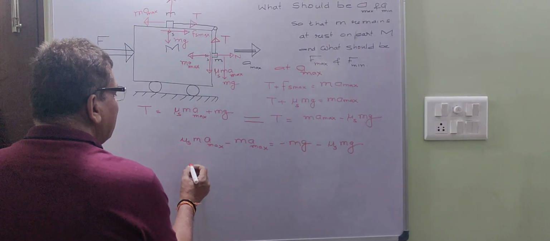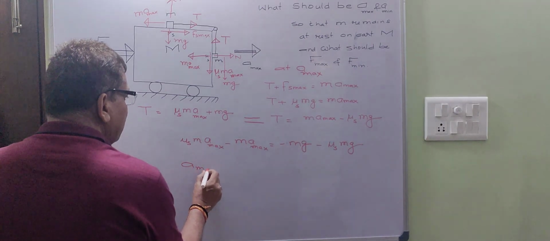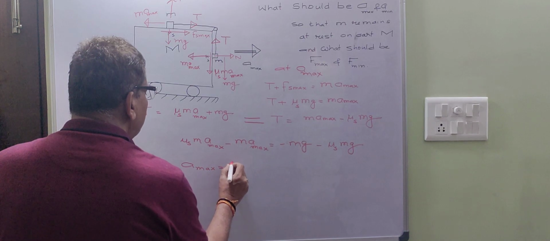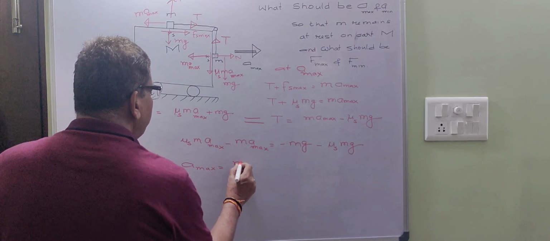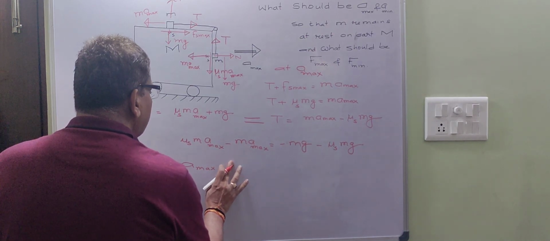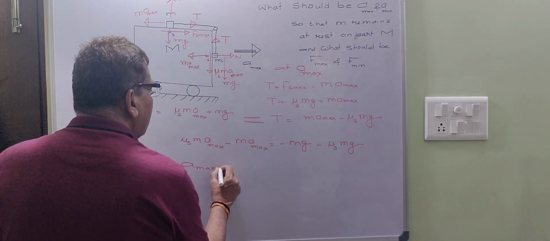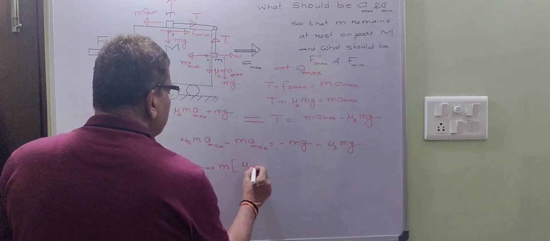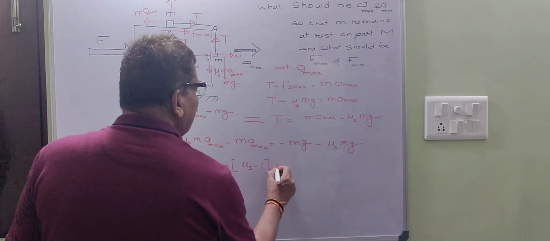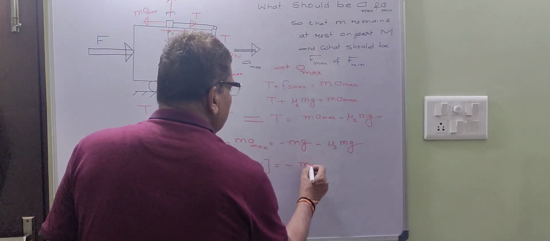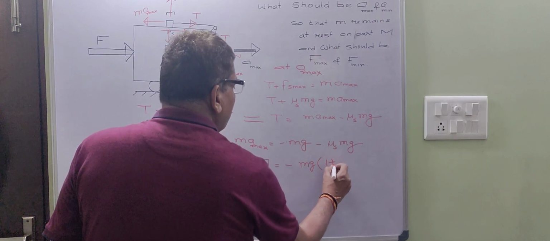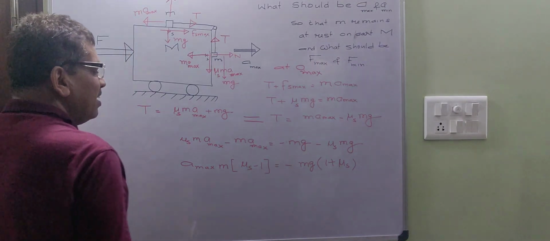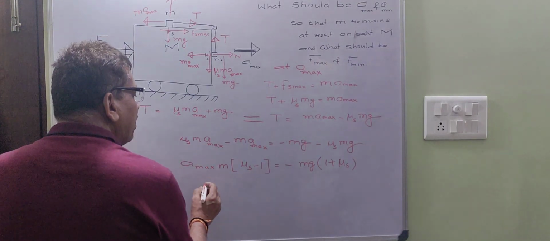I can write A max, and M is also taken outside: mu s minus 1, and here minus is taken, mg is also taken: 1 plus mu s. Right, I can take minus on this side.